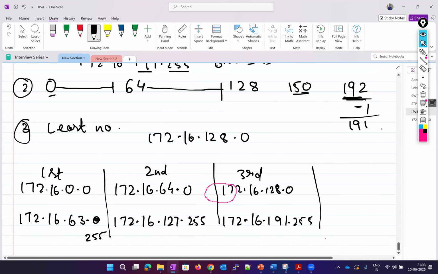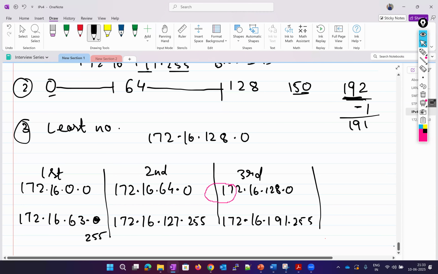We have to make a block, right? 0 to 64, then 64 to 128. Yes. So let's assume that we are making blocks of 10: 0 to 10, 11 to 20, then 21 to 30. So now we need to minus 1 from the last digit, right? Correct. That will be a broadcast ID. Okay, thank you. That is my question.